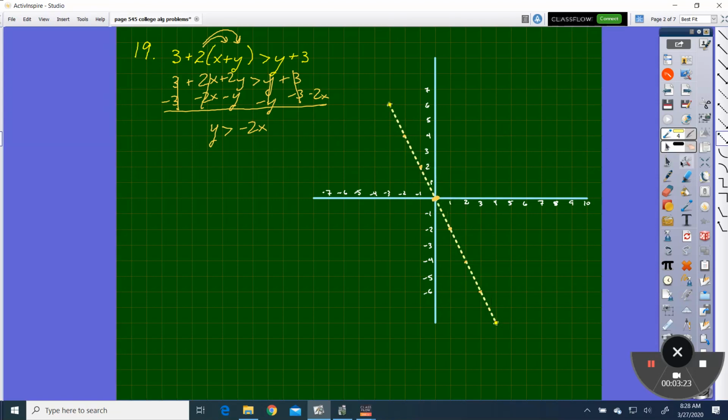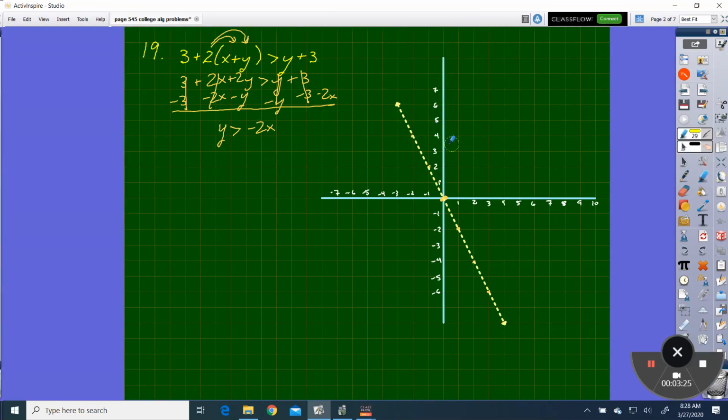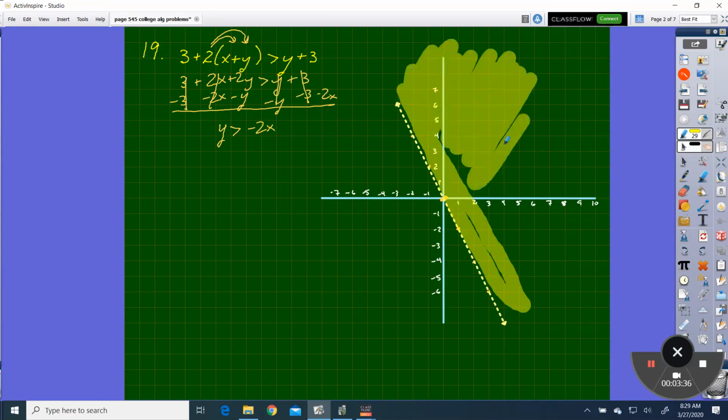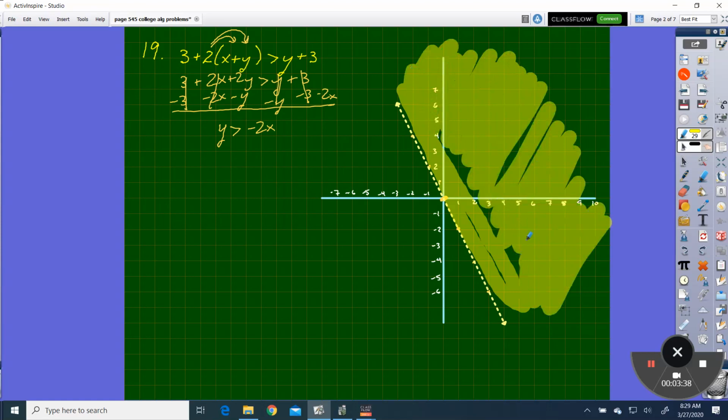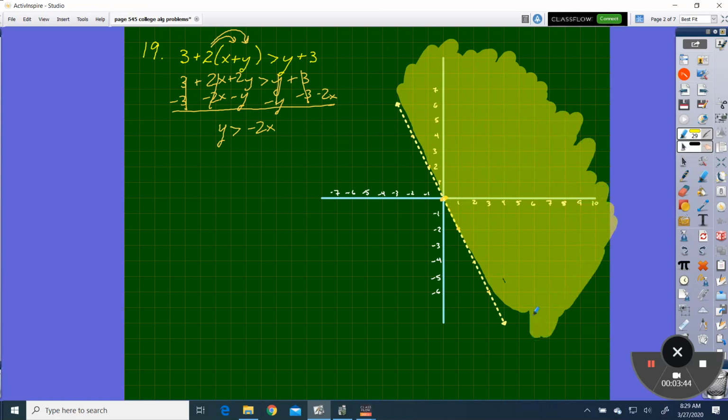So it's a dotted line. It's greater than. The y values are bigger up here than they are down here. So I shade where the y values are bigger. And that's my answer on that one.